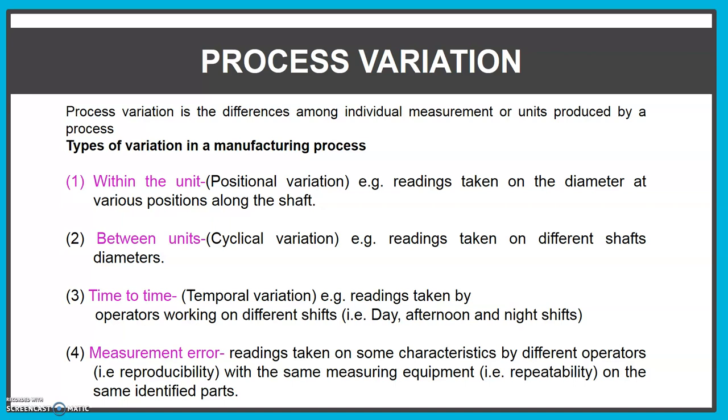Then lastly is instrument and human error, measurement error. That means you use different measurement apparatus, equipment, and the skill of the operator also. So that is a measurement error.